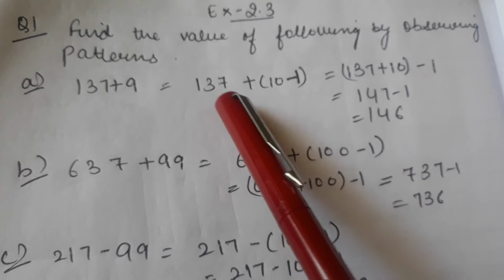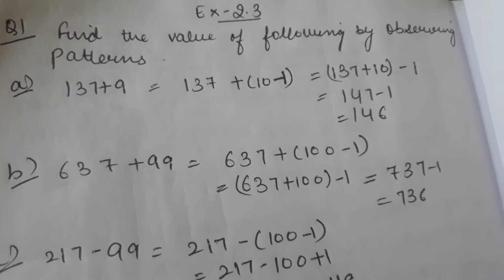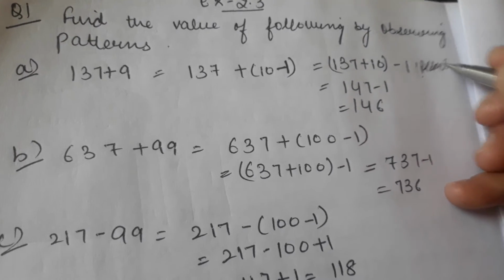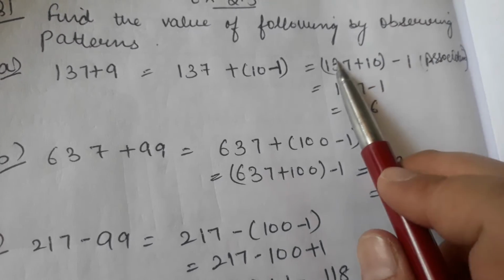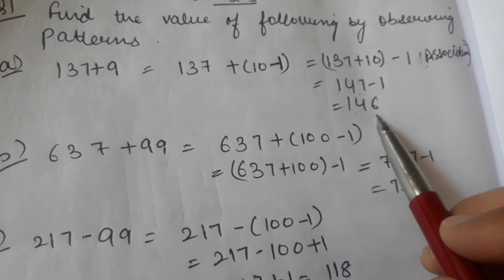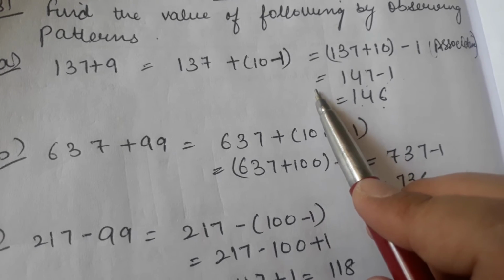So this is associative property under addition. You can mention it here, associative property under addition. Then after this we can operate 137 plus 10 is 147 minus 1. My answer is 146. So we can see it can make our calculations easy, right?